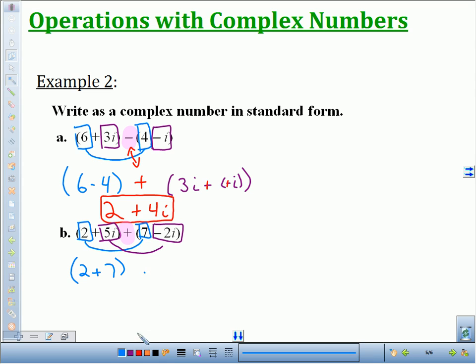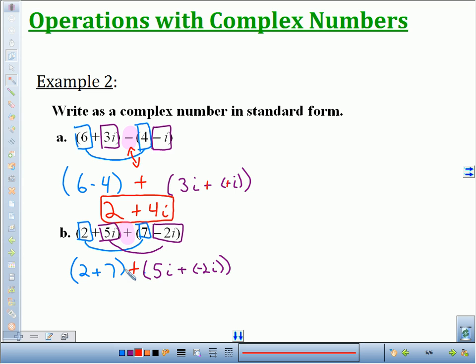And I'm going to add 5i plus negative 2i. And again, it doesn't matter that this is plus in the middle here. The sign in between these two is always going to be plus. So we just don't even need to worry about it.